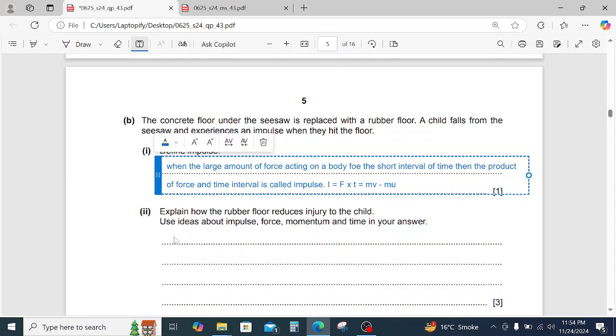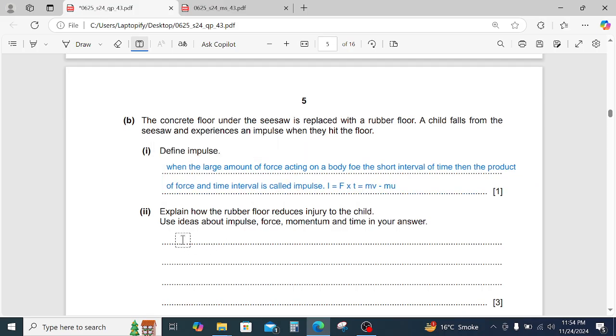Explain how the rubber floor reduces injury to the child by using this formula. I will explain a little bit in front of you. If you look here, the time is divided on the right hand side, in the denominator. It means, suppose this is your rubber, this is your pivot, and this is your seesaw.